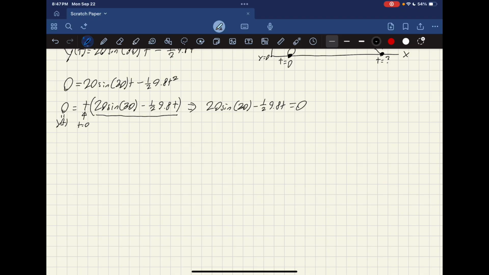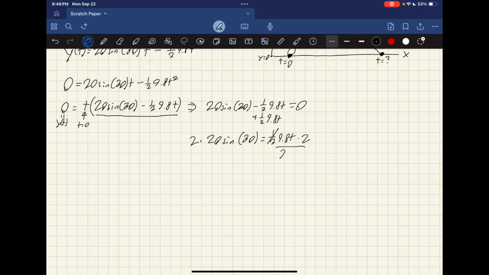So now we need to get the t by itself. We can add 1/2 9.8 t to both sides. You get 20 sine of 30 equals 1/2 9.8 t. To get t by itself, you can multiply both sides by 2. That'll get rid of this 1/2.